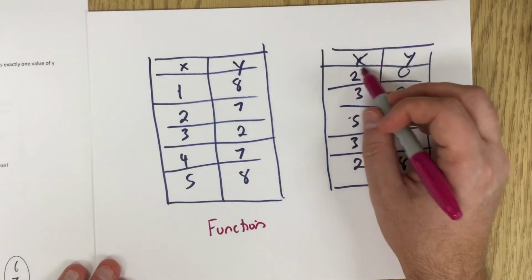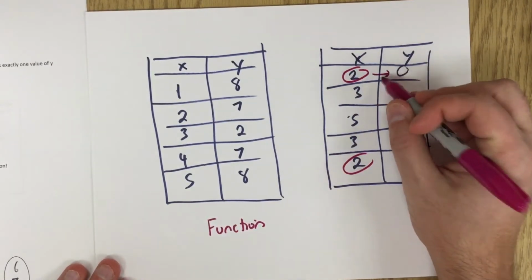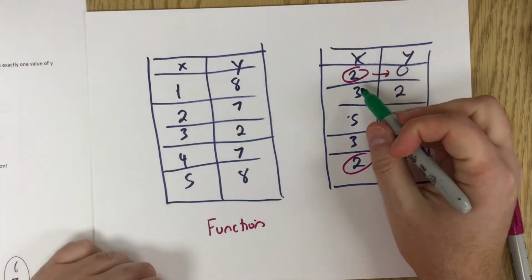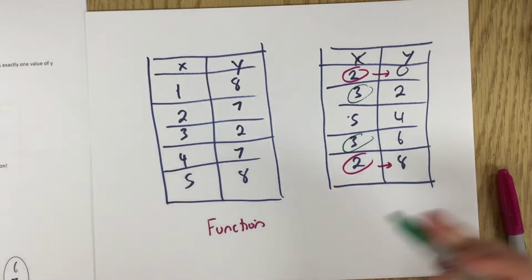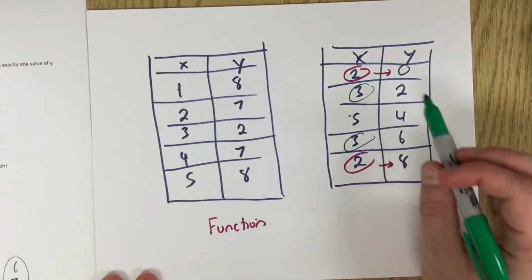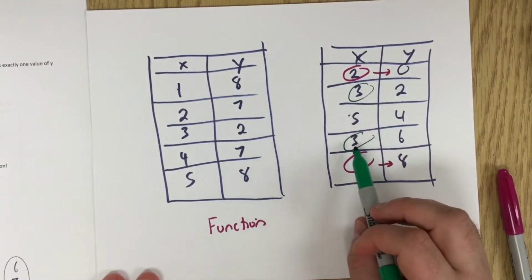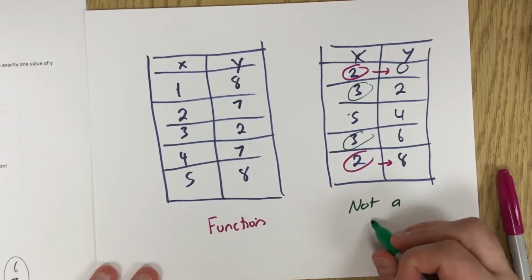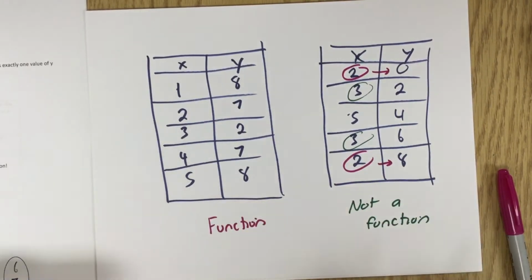If you look at these 2's, it's the same x, but they have different values of y. And you have the same problem over here. When x is 3, y could be 2, or when x is 3, y could be 6. So this one is not a function. So: function, not a function.